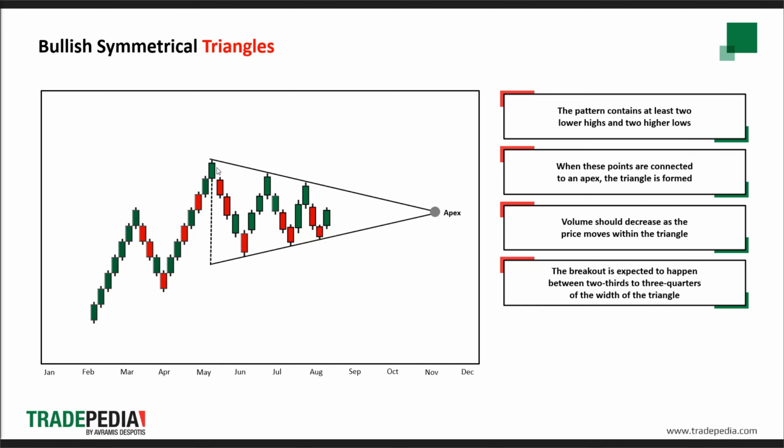So in order to form a bullish symmetrical triangle, you have to have at least 2 lower highs, referring to this, and 2 higher lows. Then when these points are connected to an apex, the triangle is formed.